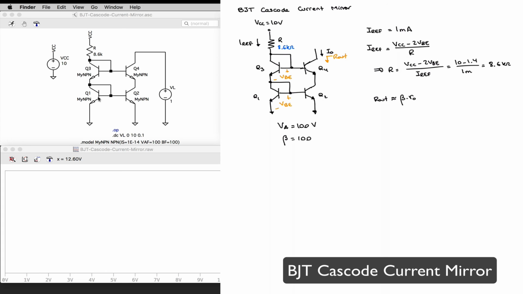And I'm expecting my compliance range to be lower than the basic mirror because I have two transistors in series. They both need to be out of saturation, so I'm going to need at least two VCE saturation voltages at my output. So I'm going to lose some compliance range, but I'm going to win some output resistance.